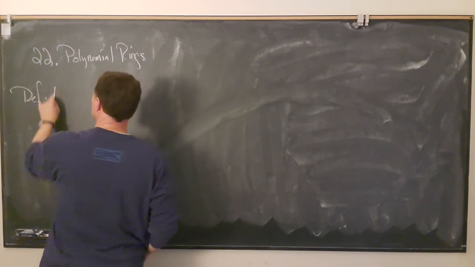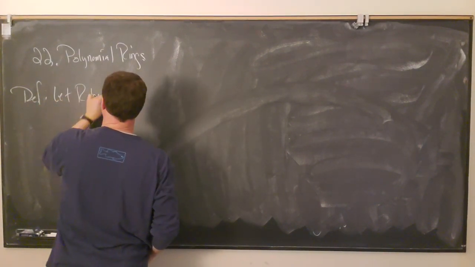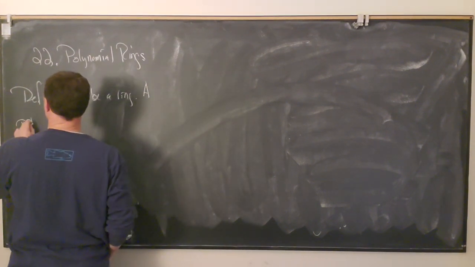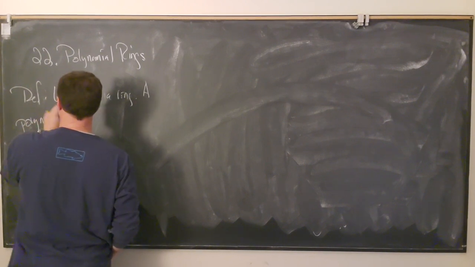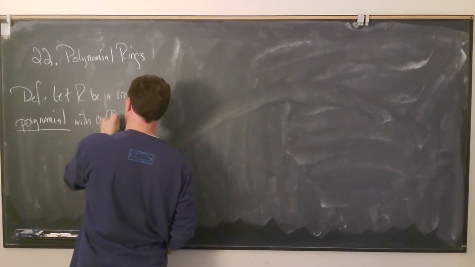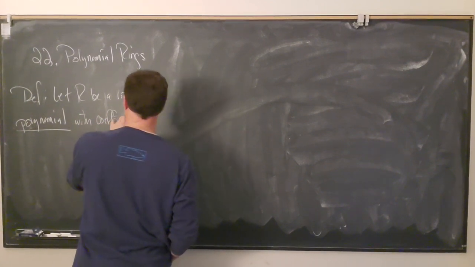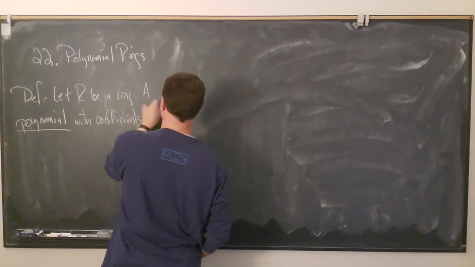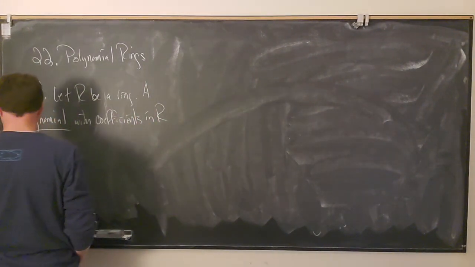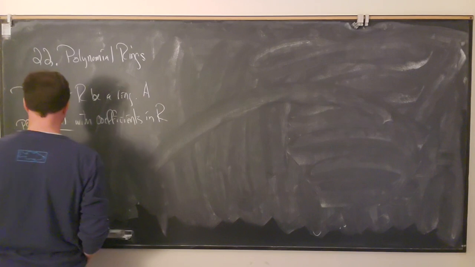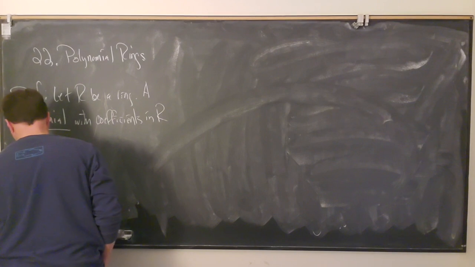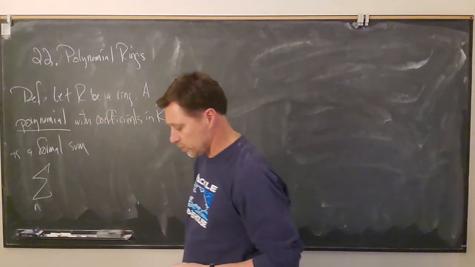So let's let R be a ring. A polynomial with coefficients in R. It's exactly what you think, but we're going to be a little bit careful here. So this is a formal sum, which we'll write occasionally using sigma notation.